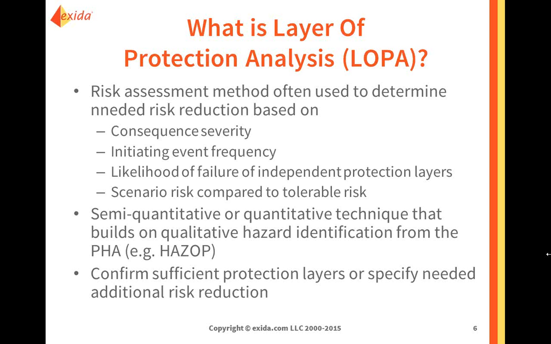Sometimes we simplify it a little bit. You could call it semi-quantitative, but typically when we are diving into the layer protection analysis tool and methodology, we are doing a quantitative evaluation. And it helps us to determine if there is enough protection for potential process hazards.